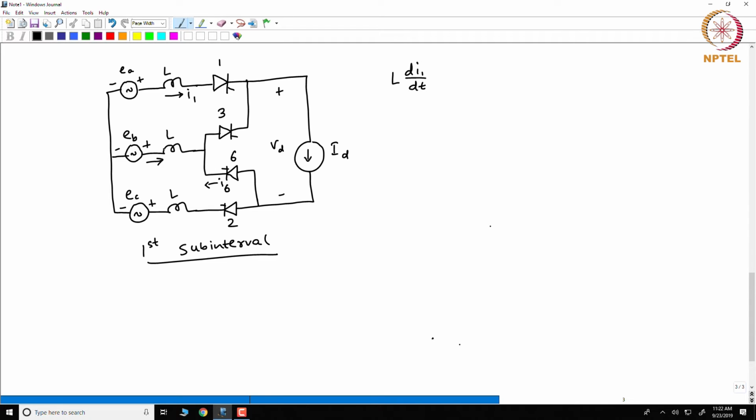Because if I want the voltage drop across the inductance in series with EB, I should know the current through EB. So can I write this current in terms of I1 and I6? Id minus (I1 plus I6). Id minus I1 gives I3 minus I6.